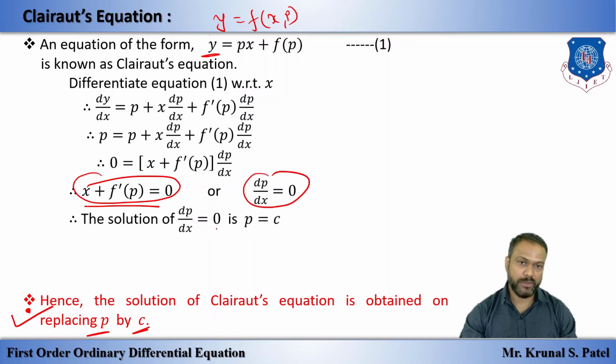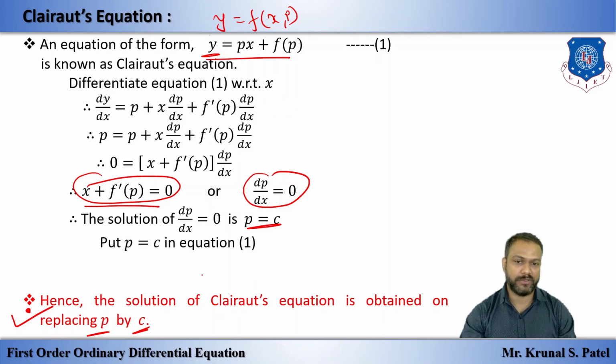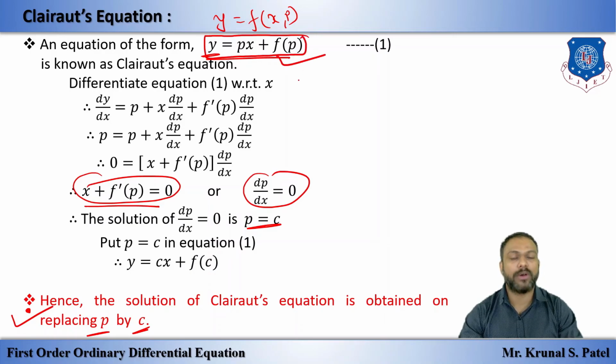By integrating this, we know that p is equal to c, and we will put p is equal to c in this, so we have the general solution. So if we can reduce the given equation to this form, or this form is directly given, then this equation is called the Clairaut equation, and we will put p is equal to c. Just do that only, we can directly find the solution.